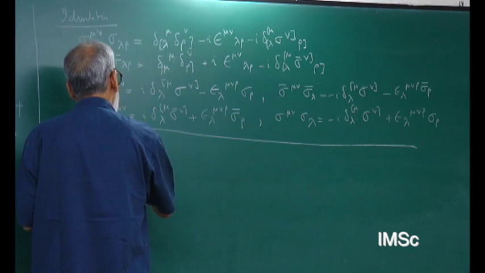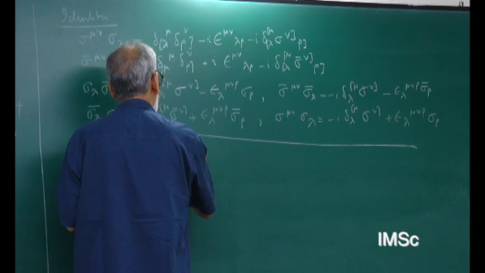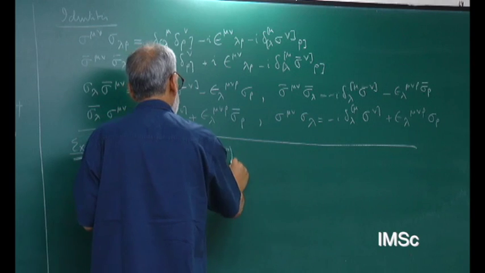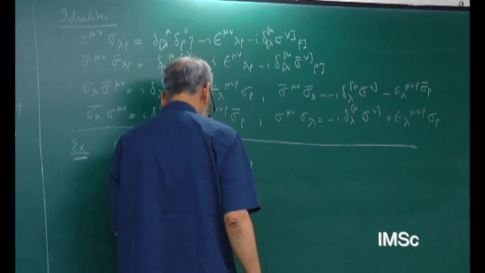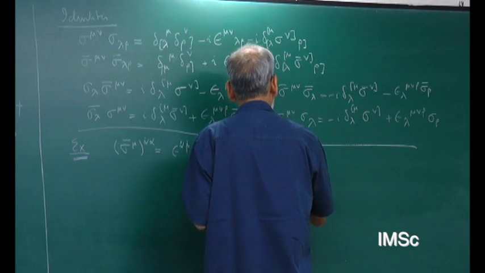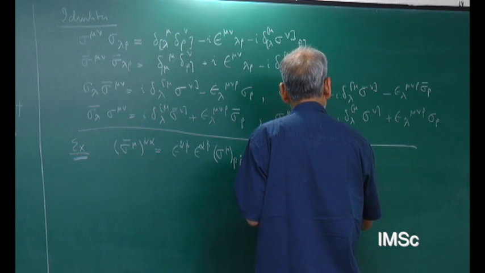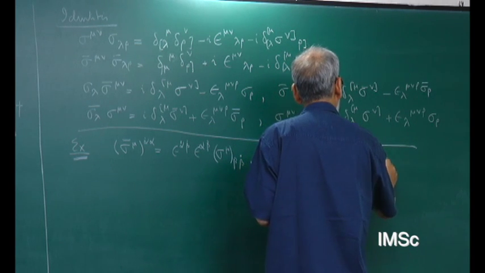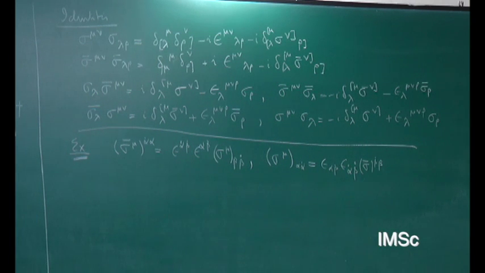Take sigma bar mu with indices alpha dot alpha; it is the same as epsilon alpha dot beta dot epsilon alpha beta sigma mu beta beta dot, and sigma mu alpha alpha dot is epsilon alpha beta epsilon alpha dot beta dot sigma bar beta dot beta. So check this one.